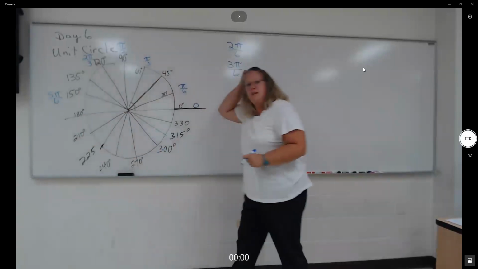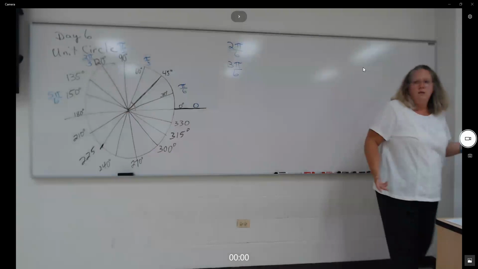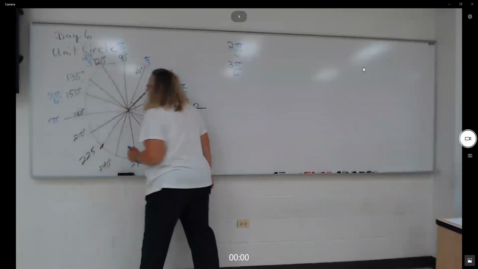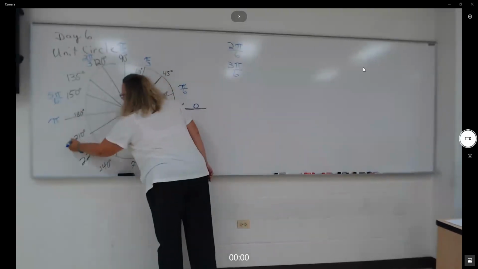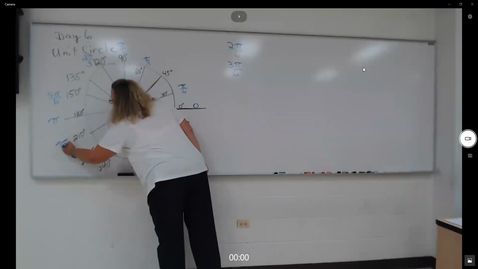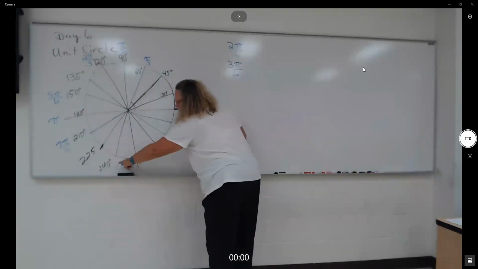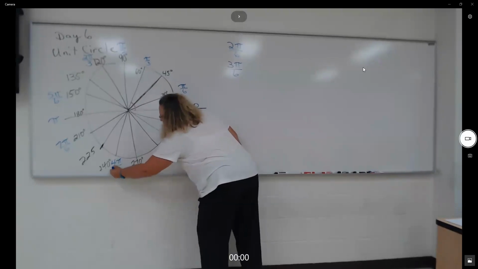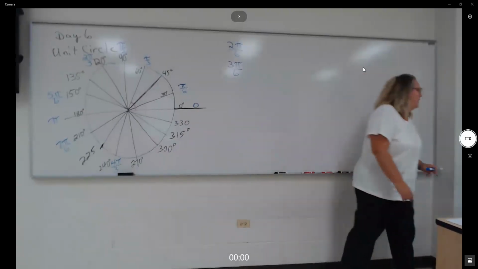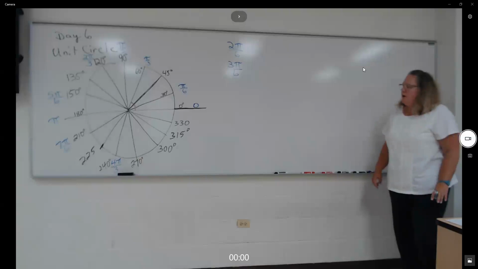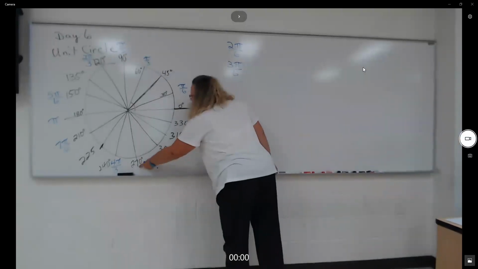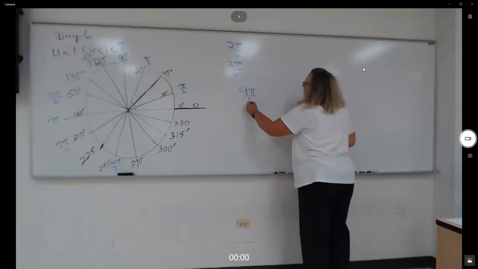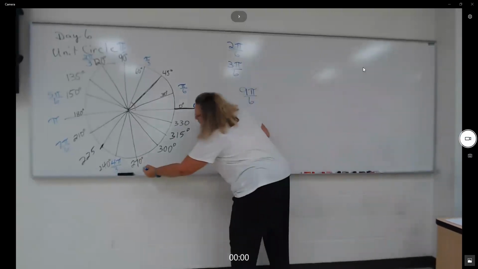And 6 over 6 is 1, and then we put the pi with it, so pi. Okay, then this one is 7/6. 8/6, but it reduces. The next one is 9/6, but that reduces, right? 3 goes into it, so 3 pi over 2.